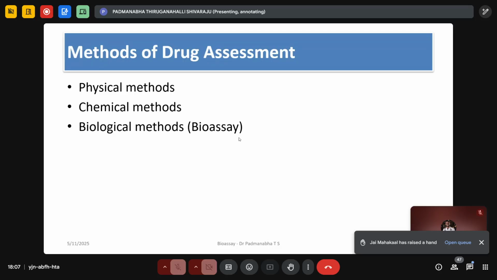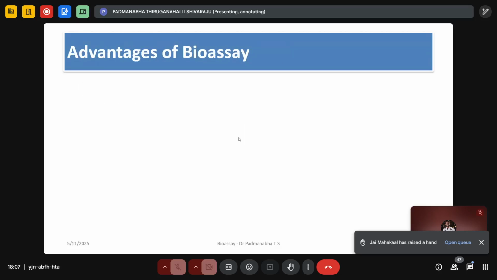One is the physical method, second one is the chemical method, and third is the biological method, that is the bioassay. When we compare these three methods, each of these individual methods has got advantages as well as limitations. So in this session, we'll mainly concentrate on the bioassay, that is the biological method.